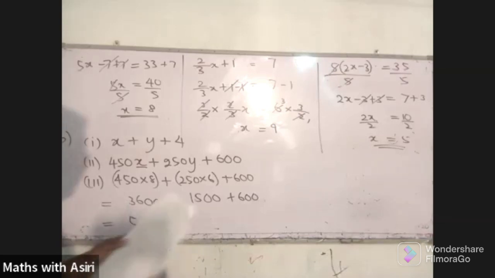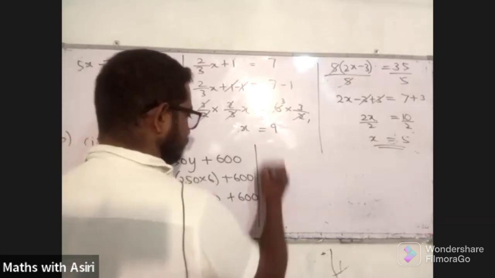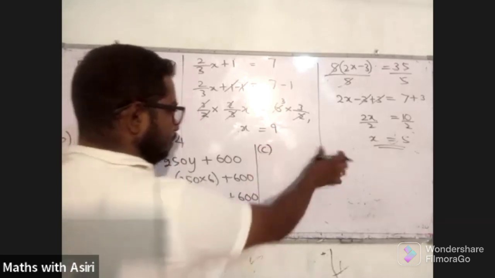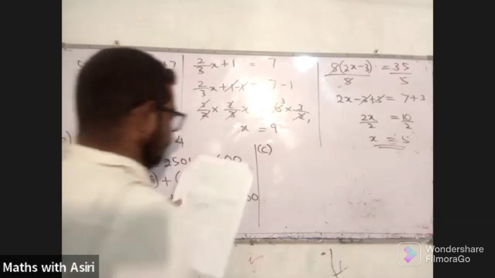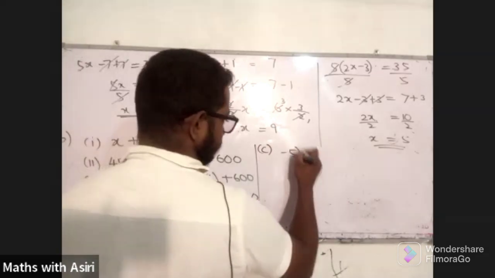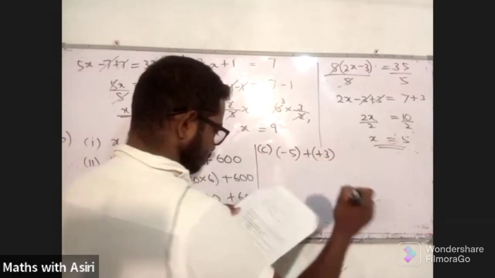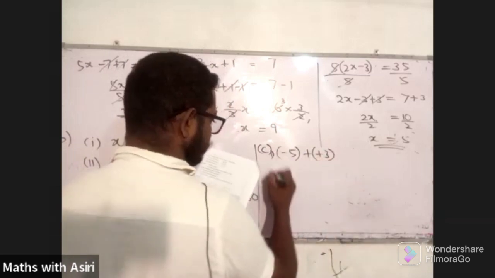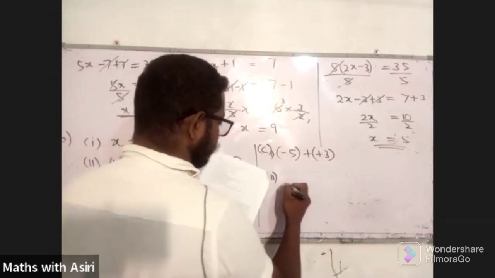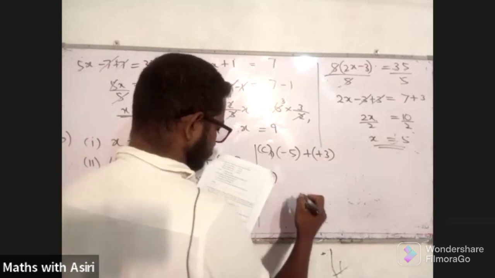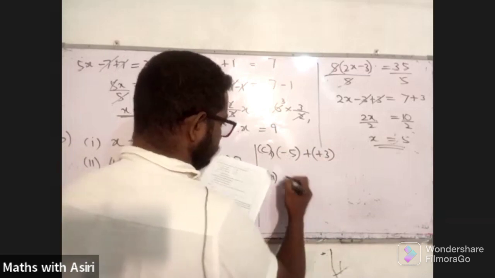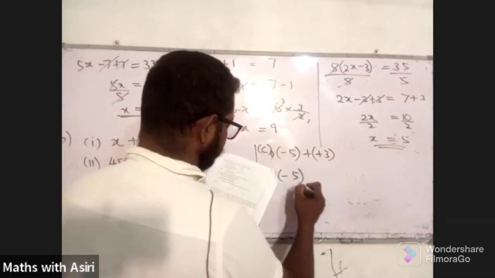Then part C. You have to evaluate -5 + +3, -5 - +3, and -5 times -3. That is the same question printed.